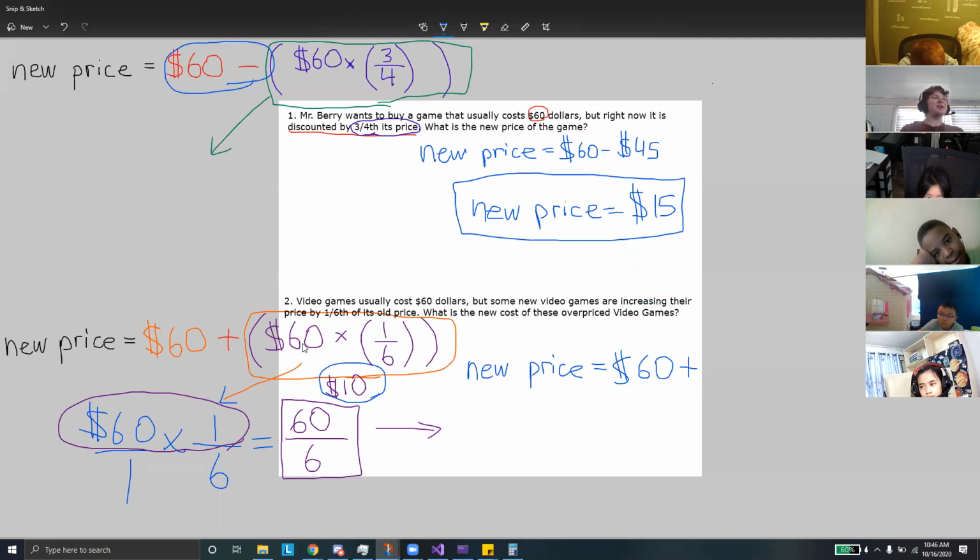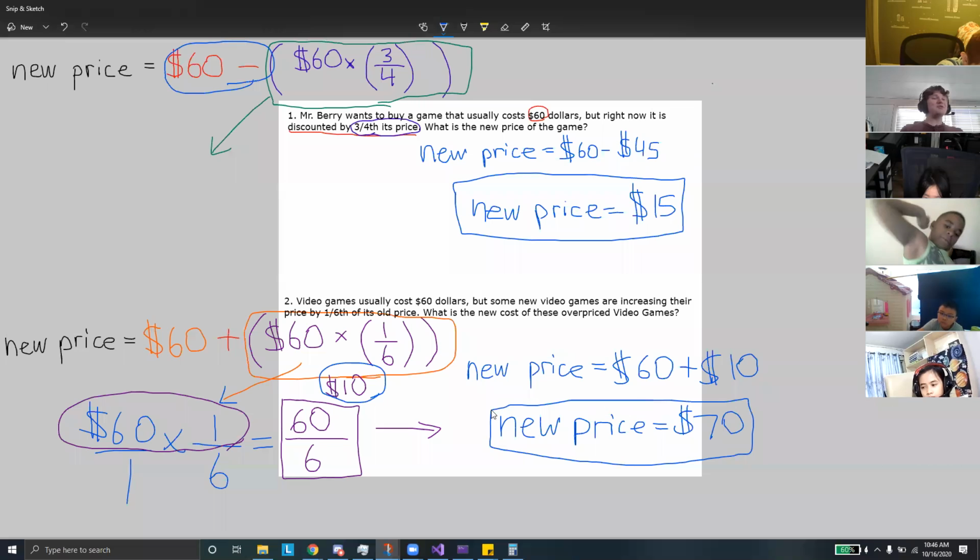We found out that $60 times 1 out of 6 is equal to $10. And so the new price, and remember to include your $, is equal to $60 plus $10 is $70. Can you believe that? They're going to make the price of new games $70.